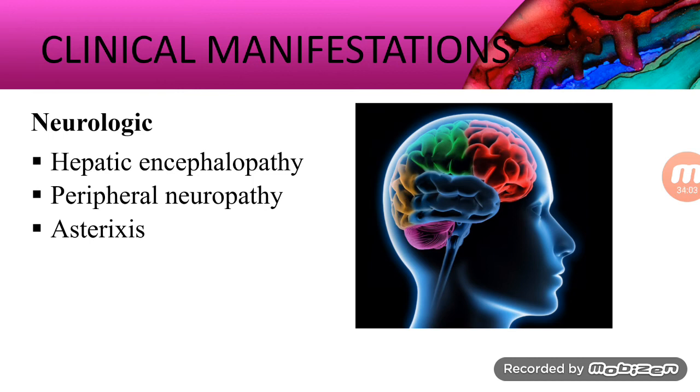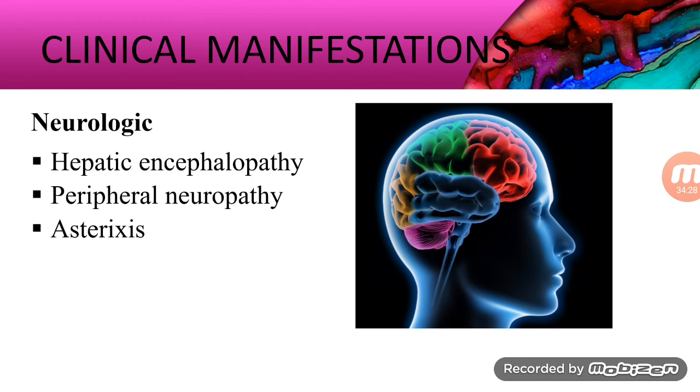Next one is peripheral neuropathy. Peripheral neuropathy is damage of the nerves which supply the body's extremities like legs, hands. Okay, so nerve damage will be there which supplies the extremities. Then asterixis. What is asterixis?